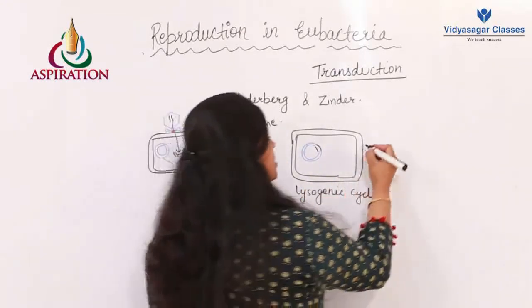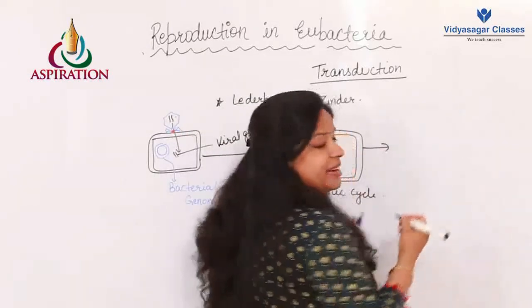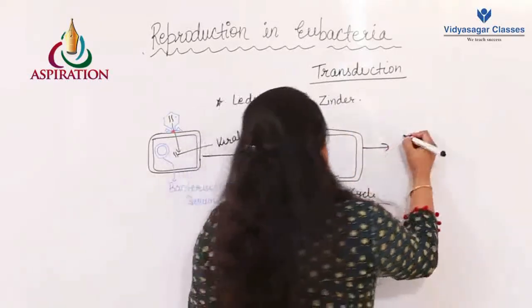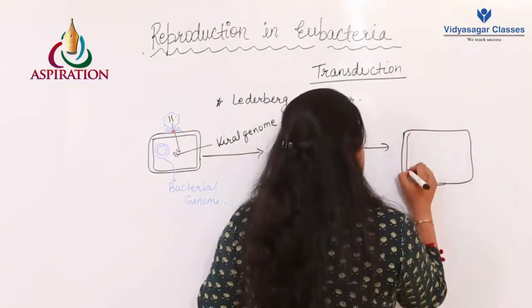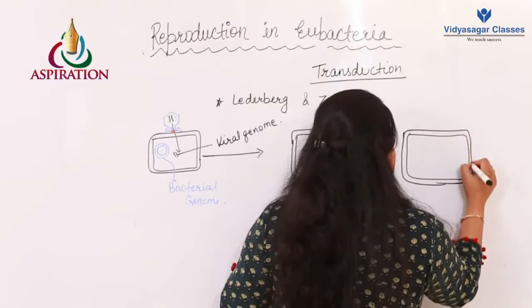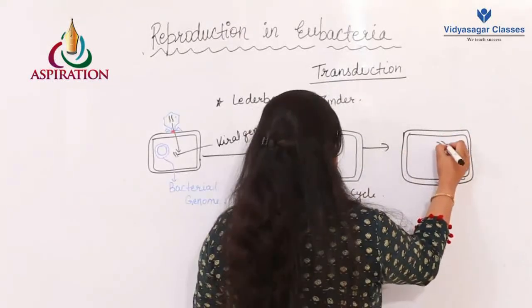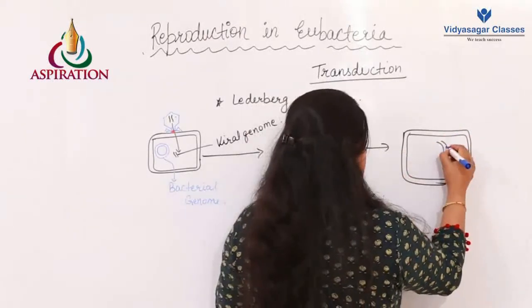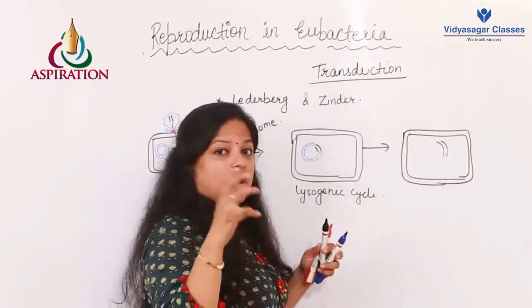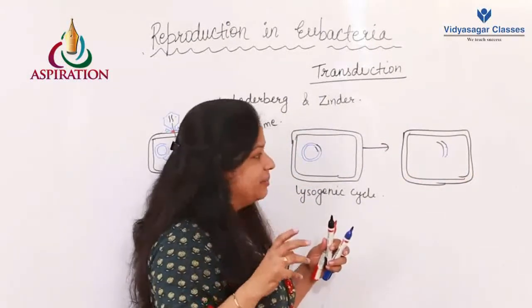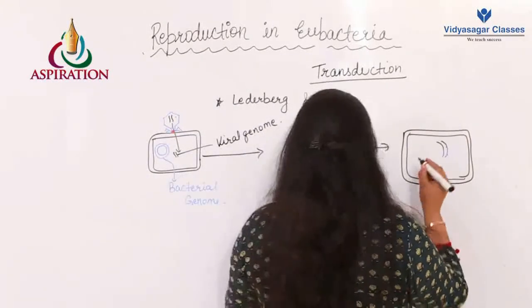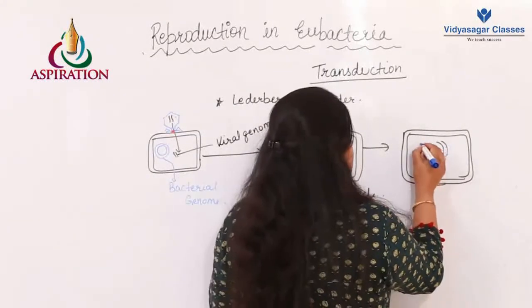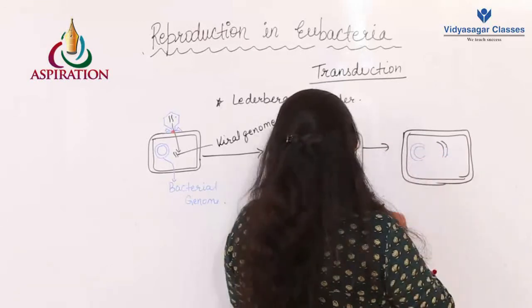But sometimes, due to asymmetrical excision, a part of the viral genome takes control of the complete enzymatic machinery of the bacteria and degrades the rest of the genome part.